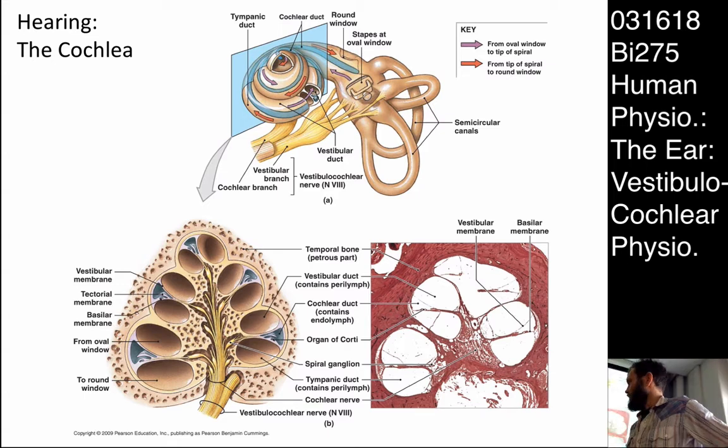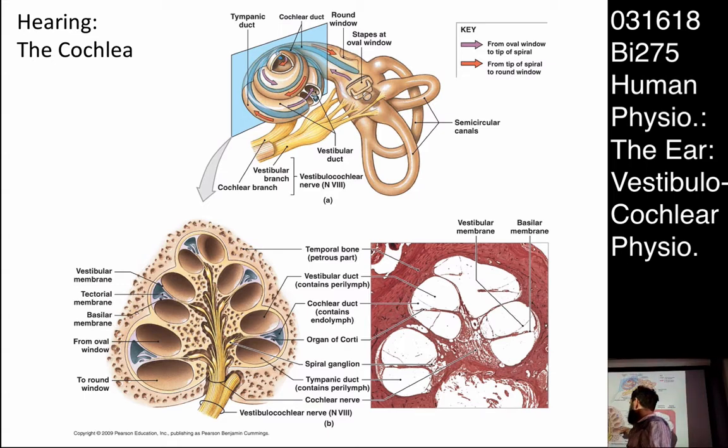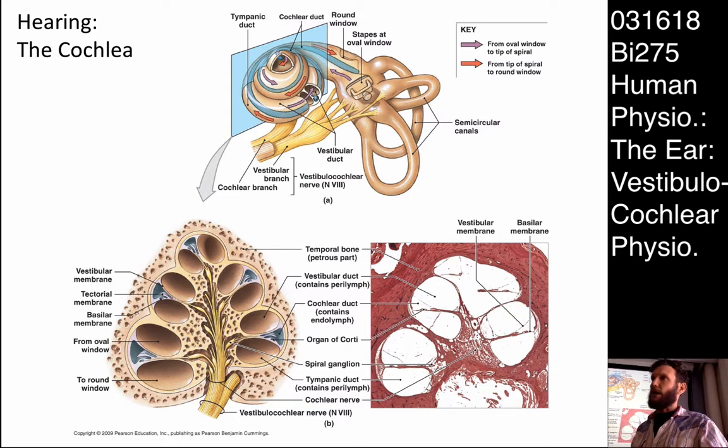In between these, wedged in between these, is this membranous chamber, and we call this the cochlear duct. The cochlear duct is where the actual hearing organ is, and we'll take a look at this in more detail in a moment. But the specific organ is called the organ of Corti, and it's embedded in this membranous duct.